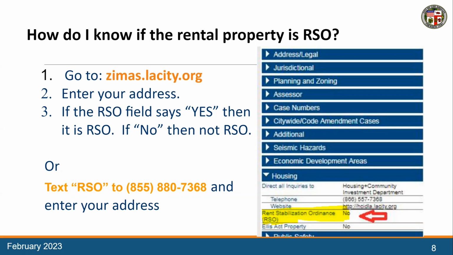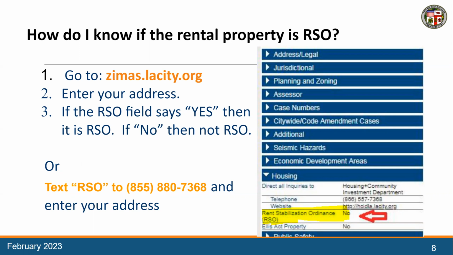You can see an image of this accordion on your screen on the right-hand side. Under the Housing accordion, there will be a category for Rent Stabilization Ordinance, which I have highlighted in yellow. If the flag says no, then that means the property is not regulated by the city's RSO. If it says yes, then it is regulated by the city's RSO.